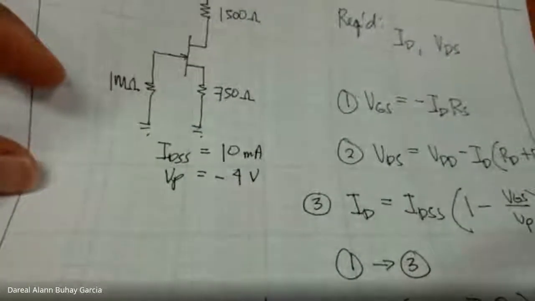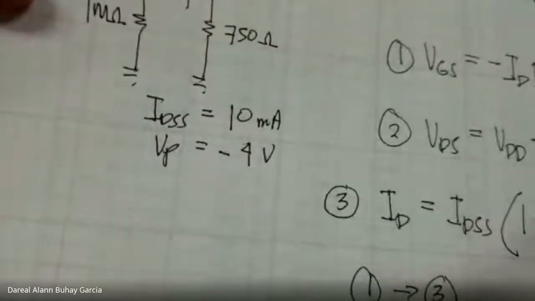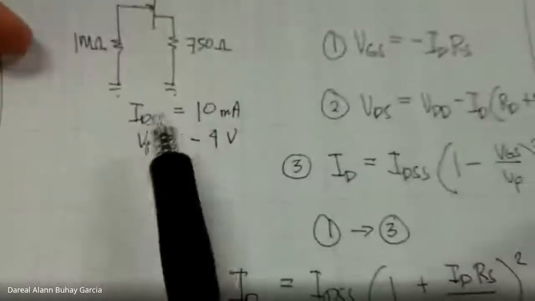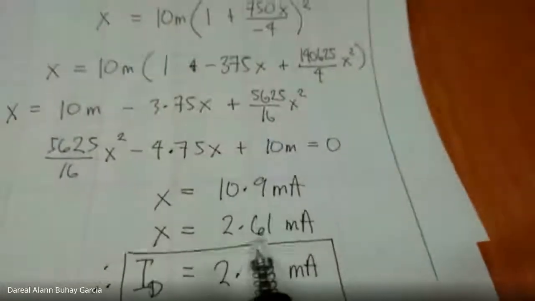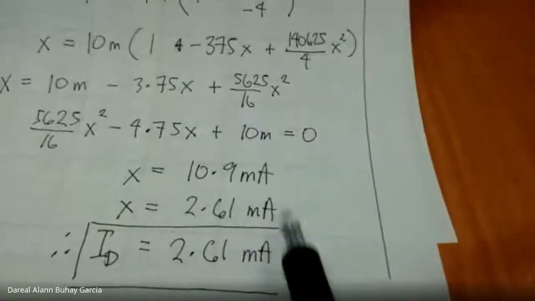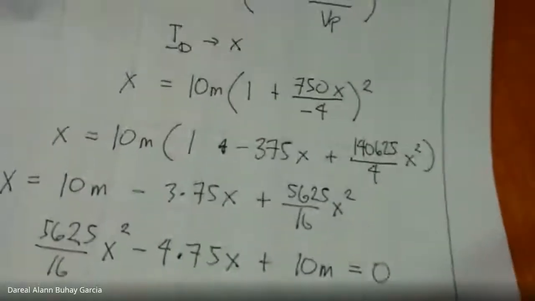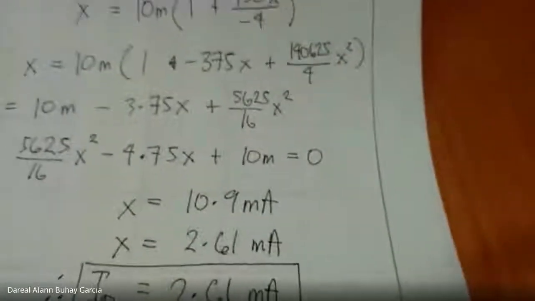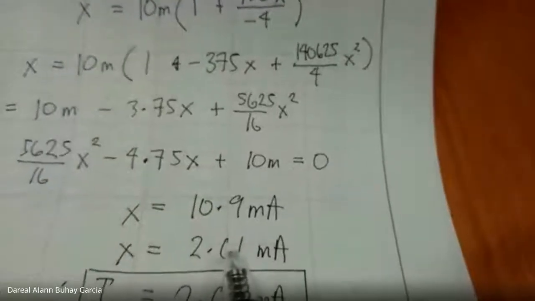Asa sa duha ang mas ubos kaysa sa naka-specify nga IDSS. So if dili pa lang daan ato ma-eliminate ang isa, so clearly mao ni siya ang atong ID.